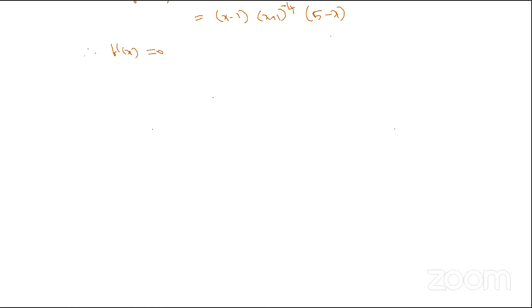That implies x equal to 5. f dash x is greater than 0 for x between 1 and 5, that is, 1 less than x less than 5. f dash x is less than 0 for x in 5 to infinity, that is, 5 less than x less than infinity.